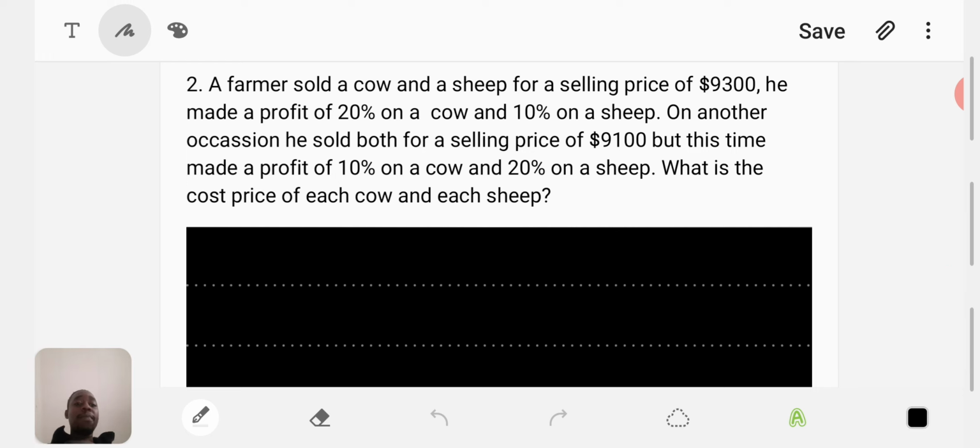If we are given a selling price and a profit, then of course we should know that cost price plus profit should give us the selling price, or vice versa. So to begin with, we'll write the formula: cost price plus profit is equal to selling price.